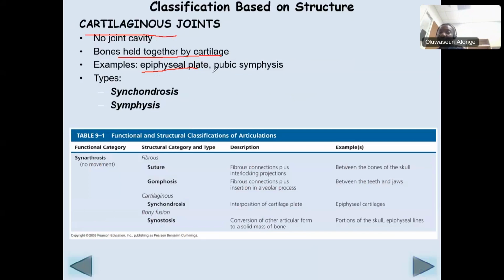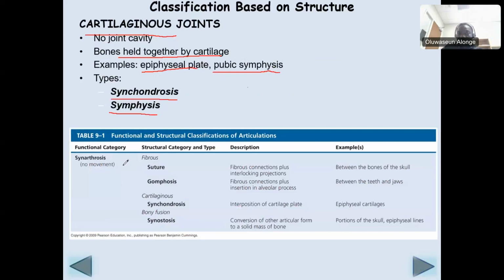Now, the pubic symphysis, like I told you when I looked at the appendicular skeleton, is the anterior articulation of the two pubic bones, where they are held together by fibrocartilage. You remember I said that the fibrocartilage held them together at the cartilaginous point. Examples of that are the synchondrosis and the symphysis.